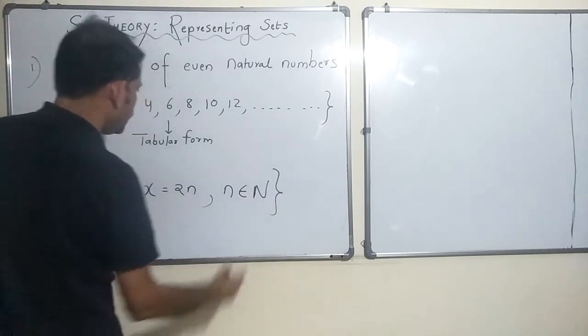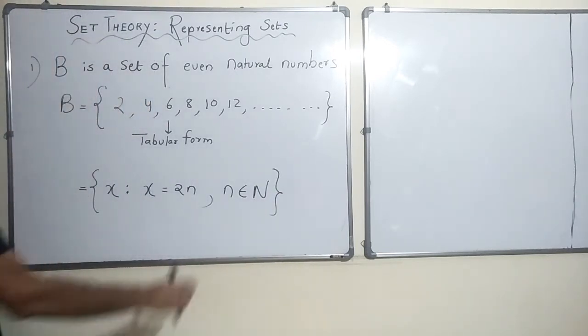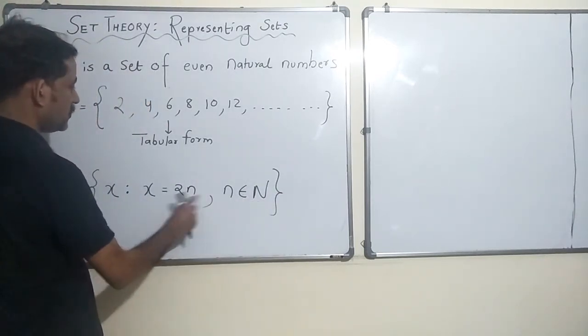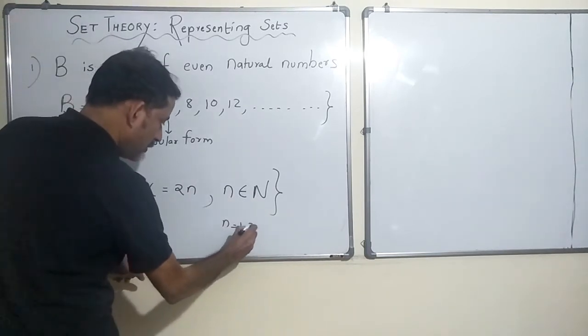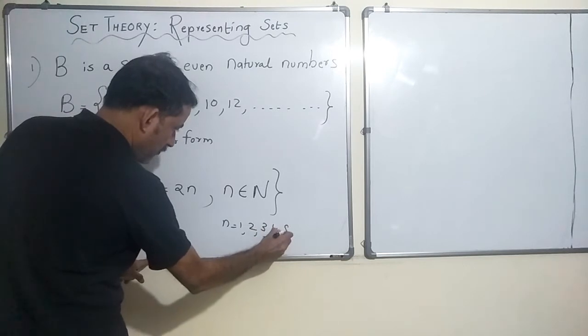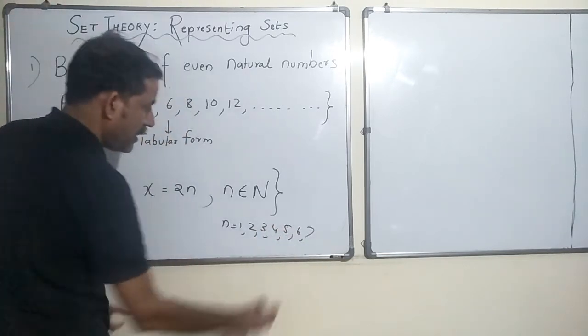Will it work? Let's see. N is a natural number, so N can go from 1, 2, 3, 4, 5, 6, 7 and so on and so forth.